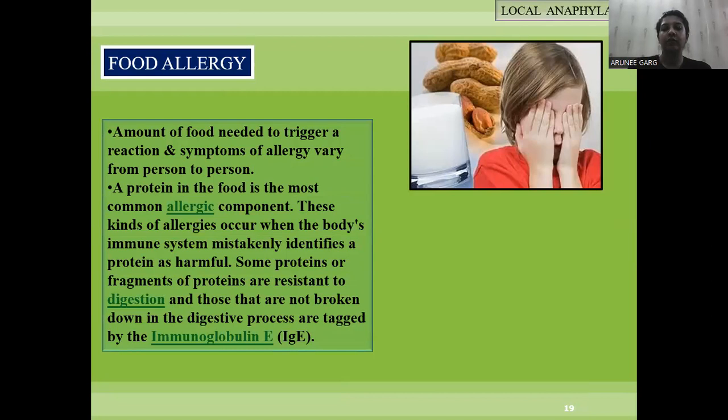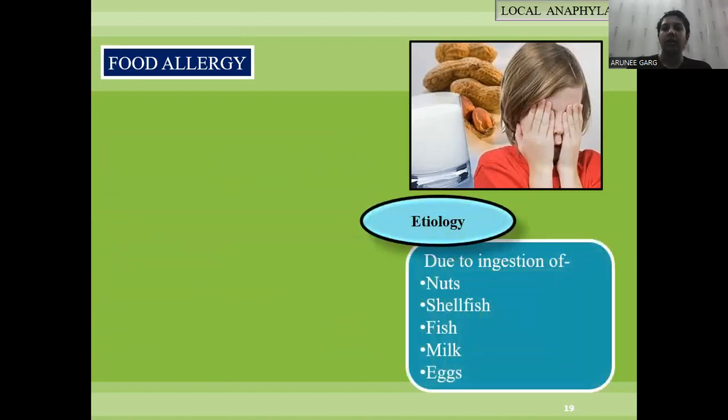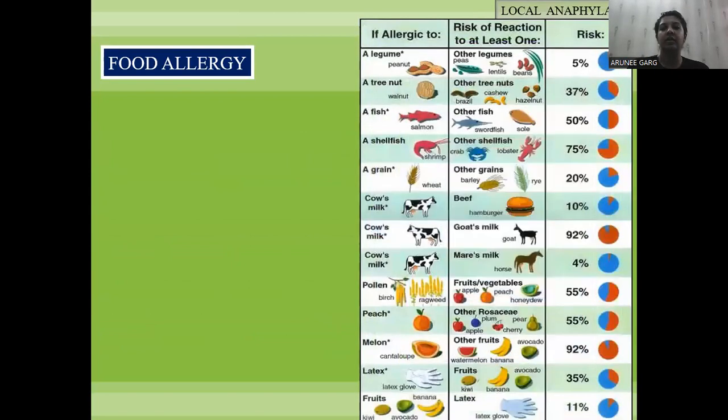Some proteins or fragments of proteins are resistant to digestion, and those that are not broken down in the digestive process are tagged by the immunoglobulins. Now, the etiology for food allergy can be ingestion of nuts. The common food allergens are nuts, shellfish, fish, milk, eggs.